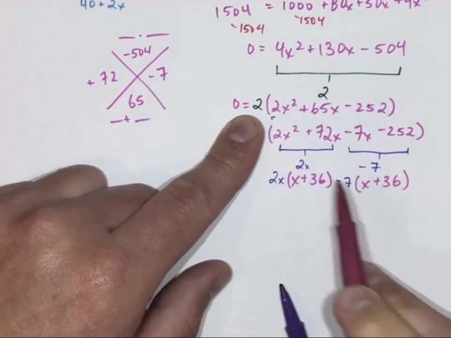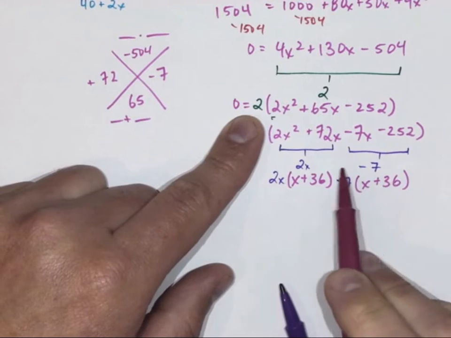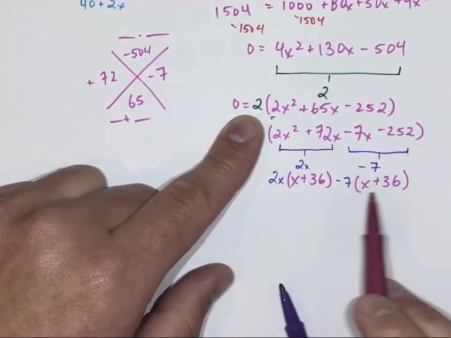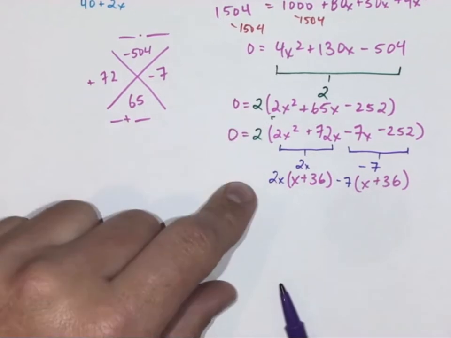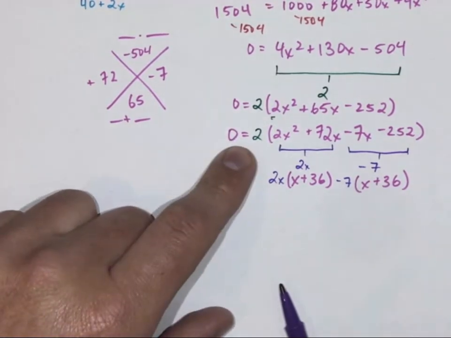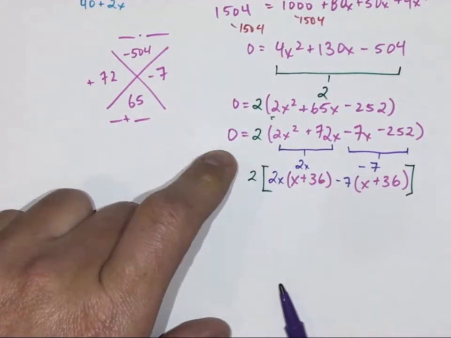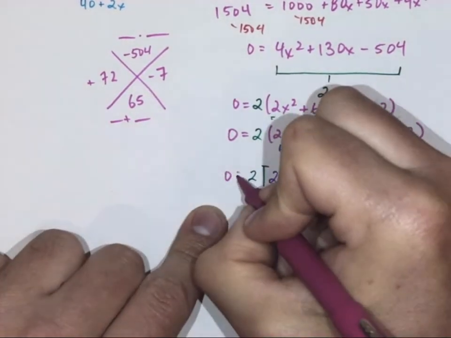Again, the whole point of this is by finding a common factor in groups, I want what's remaining to be the same. That 2 still is out front. I'm just going to do that as a placeholder.